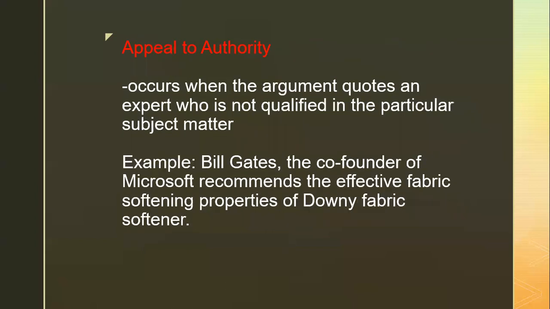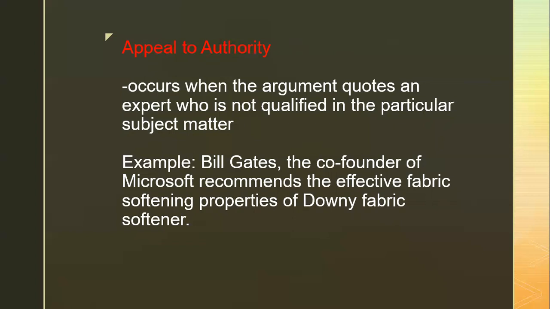Next is appeal to authority. It occurs when the argument quotes an expert who is not qualified in a particular subject matter, which means that a claim is treated to be true because you quote an expert who stated the claim. But the truth is that so-called expert is not actually an expert about the subject matter.